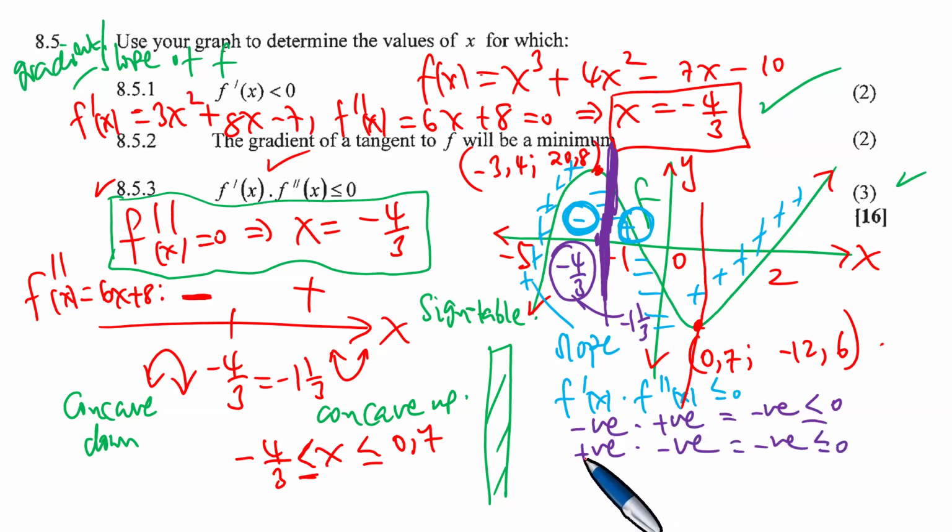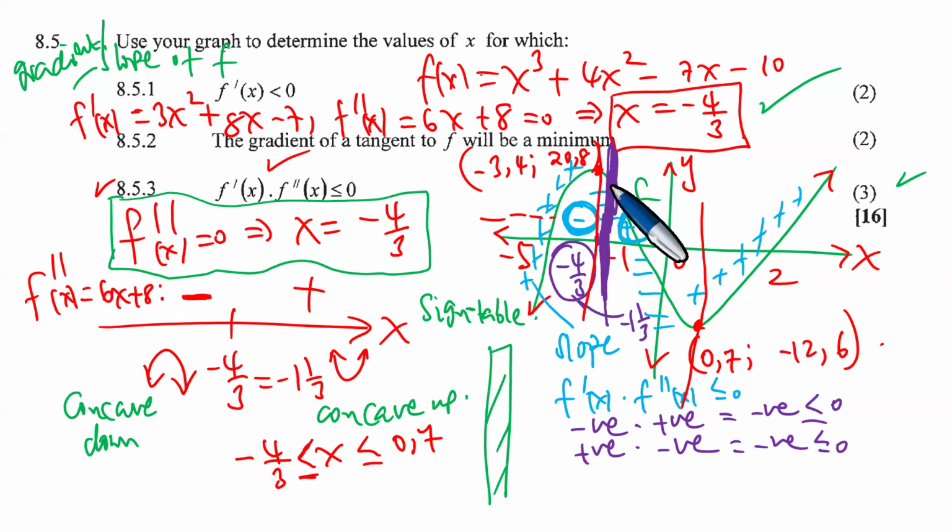Now let's look at the part where the first derivative is positive slope. This one is going to potentially stop at the turning point, because the positive slope here is up to the turning point, but this second derivative is negative. It's going to stop here, because at this point the slope of f is positive, and the second derivative is negative, and at the turning point is where the positive slope stops.